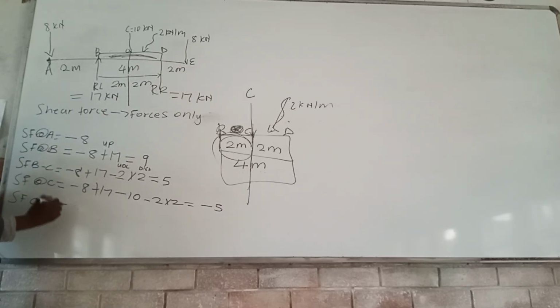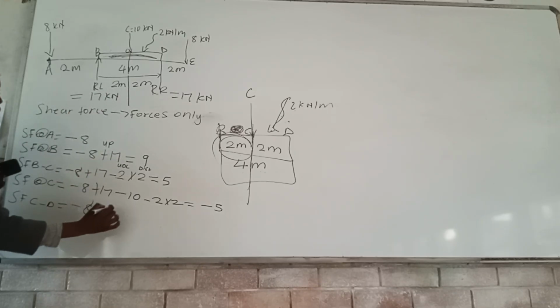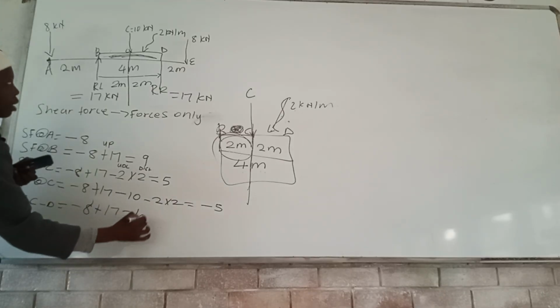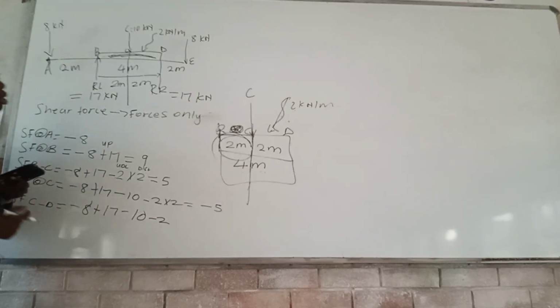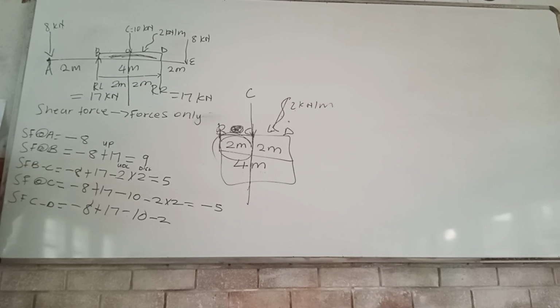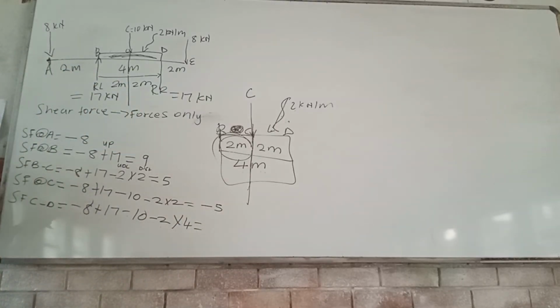That's why we're calculating the shear force from C to D. So how are we going to calculate it? -8, we start here, and then plus this RL, which is 17, and then -10, which is the force that is acting on C, yes? -2 times 4. What do we get? -9.